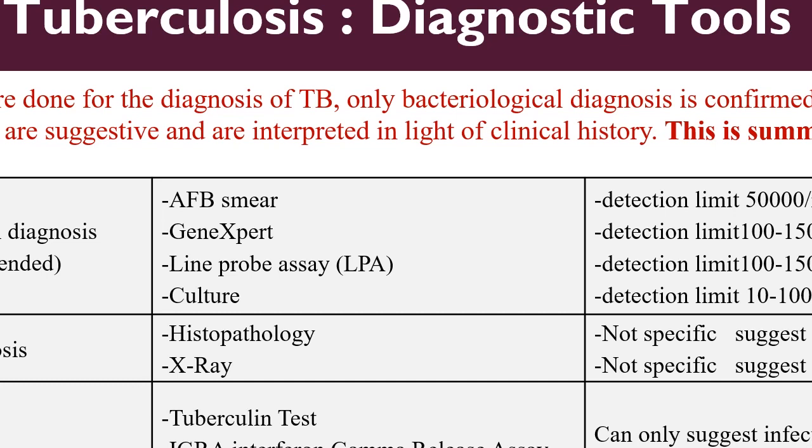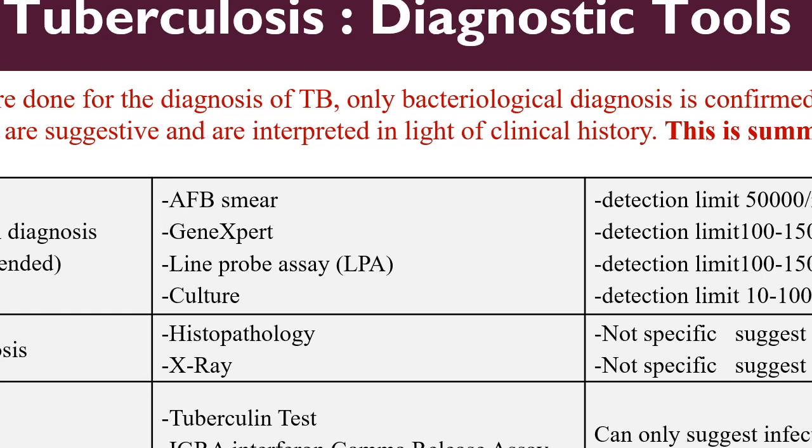Now, many tests are done for the diagnosis of tuberculosis, but only bacteriological diagnosis is the confirmed test for tuberculosis. Other investigations are suggestive and are interpreted in the light of clinical history. The tests used for bacteriological diagnosis are the AFB smear, but it has a detection limit of about 50,000 per ml.